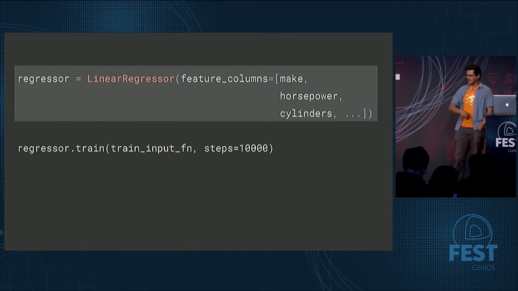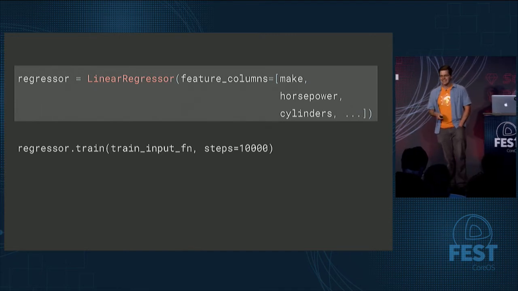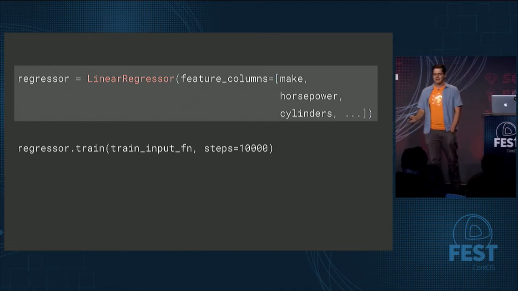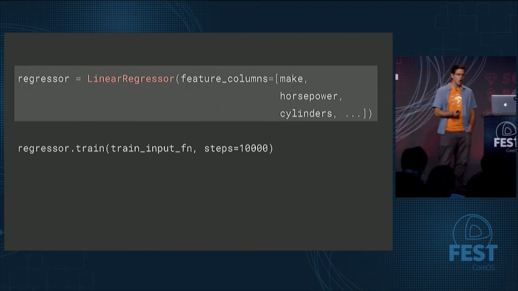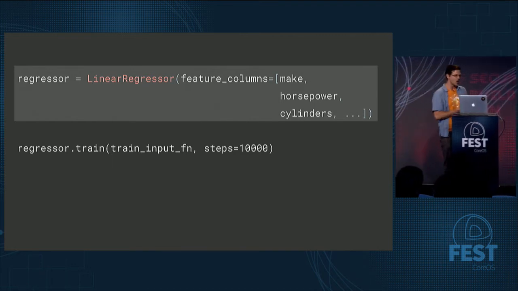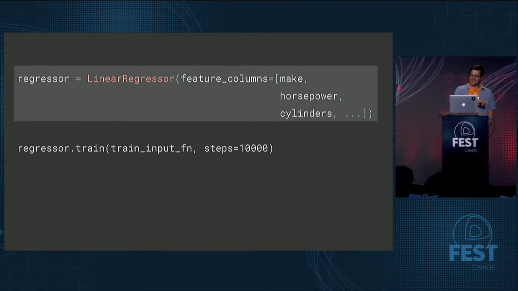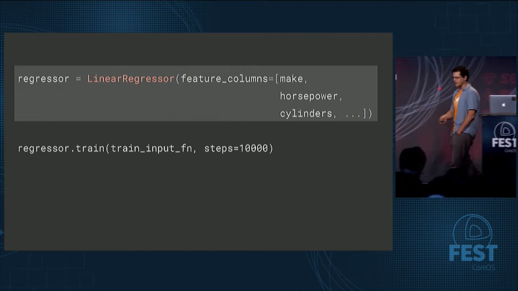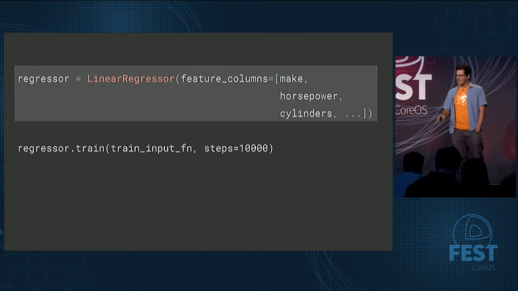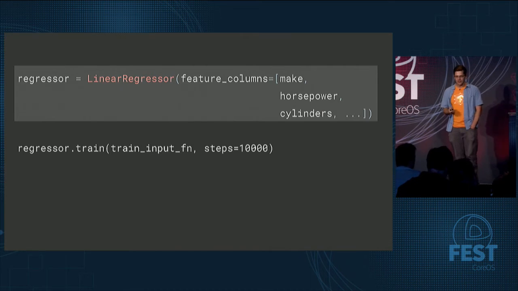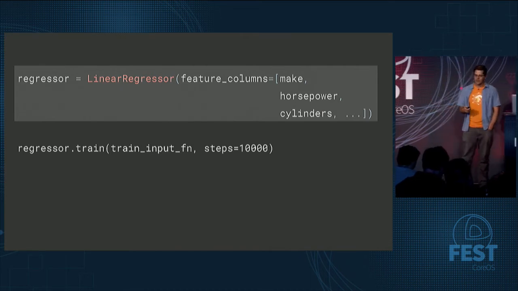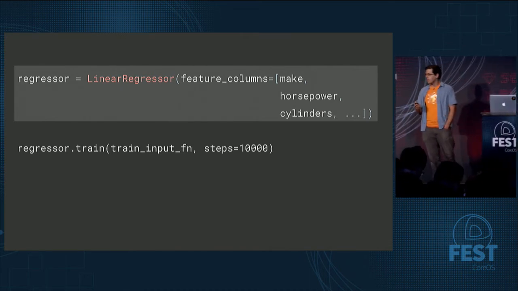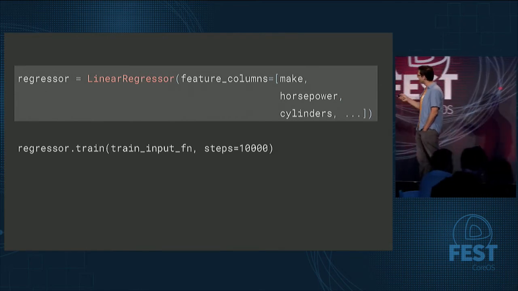So let's look at a quick example. This is much simpler than the code we might have seen drawing the computation graph a few slides ago, because that slide was written in low-level TensorFlow. This one is focusing on high-level TensorFlow. On the first line, we're creating a linear regressor.